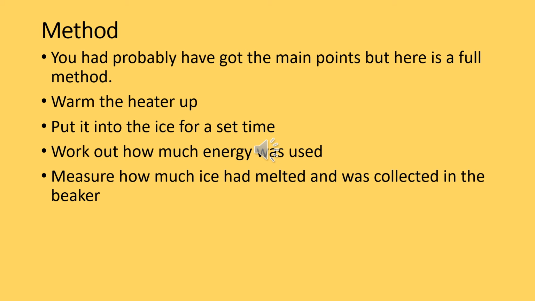Once it's at that, put the heater into the ice for a set amount of time, so you can work out how much energy was used. From that then, you measure how much ice had melted and was collected in the beaker, which is on top of the top pan balance.